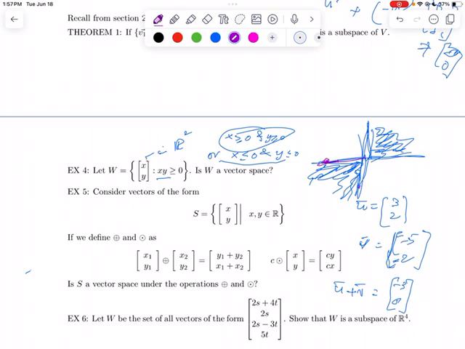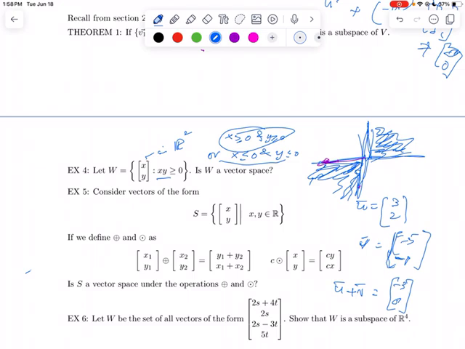But what if I take u to be (3, 2), but I take v to be (negative 5, negative 1)? Now what will happen?